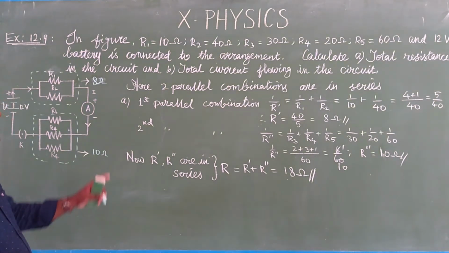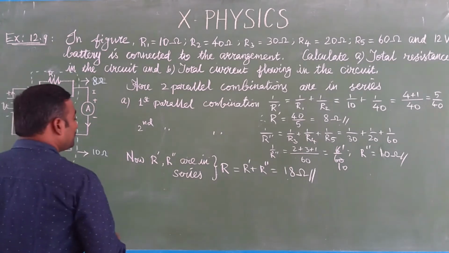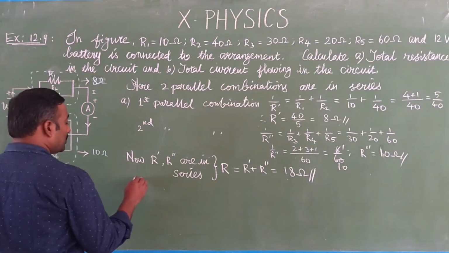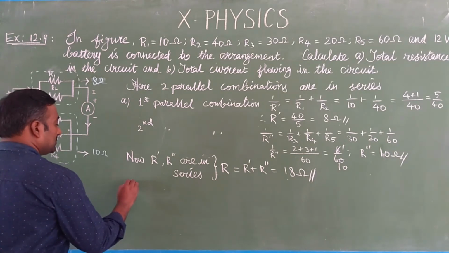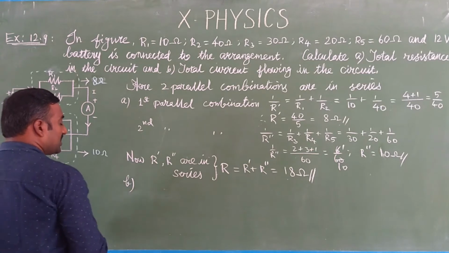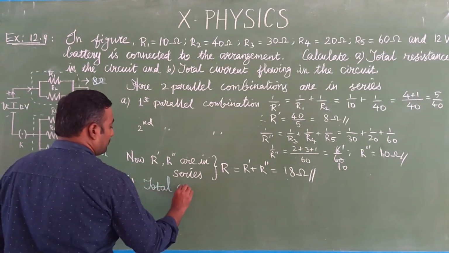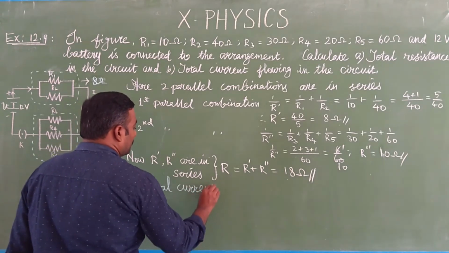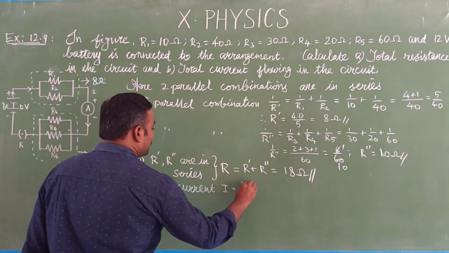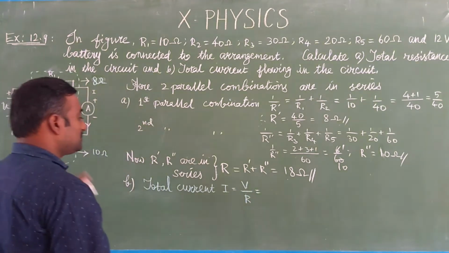The second one: total current flowing in the circuit. So A is over and now B. Total current I is equal to V by R. The potential remains constant, that does not change.